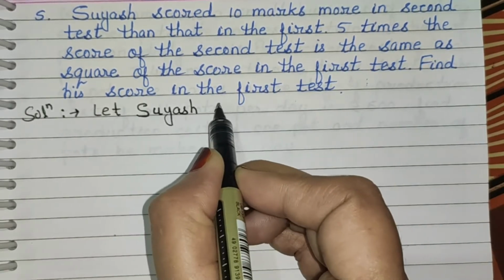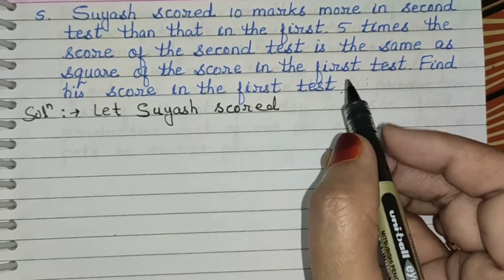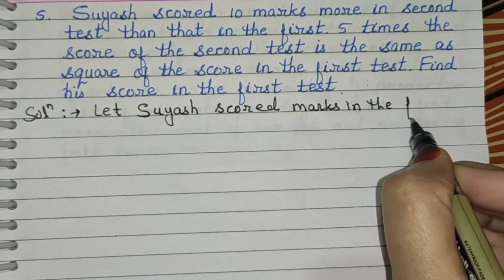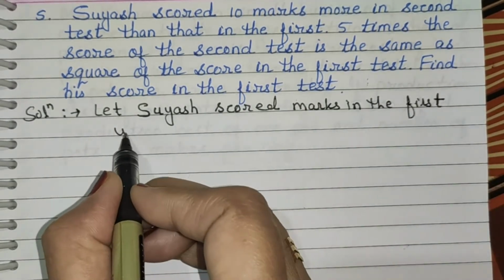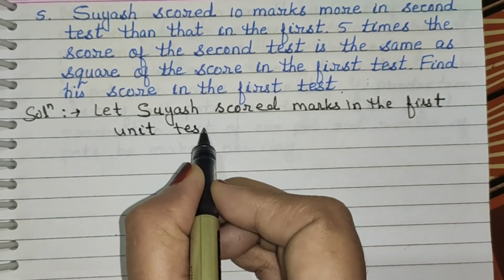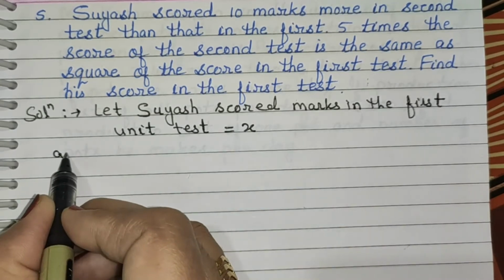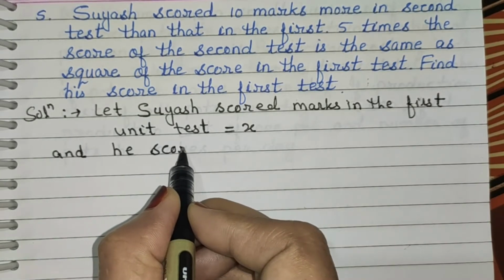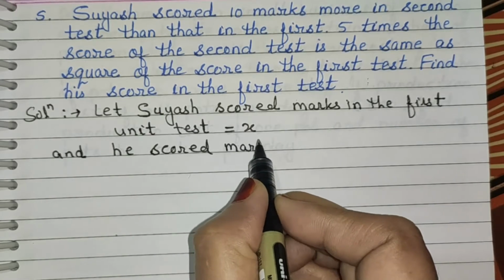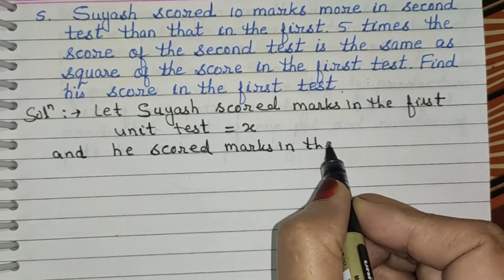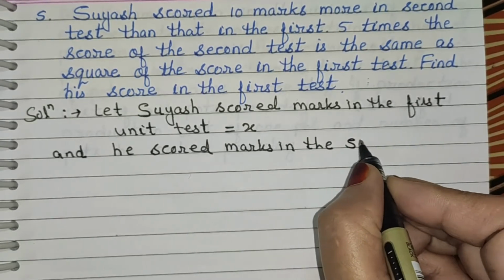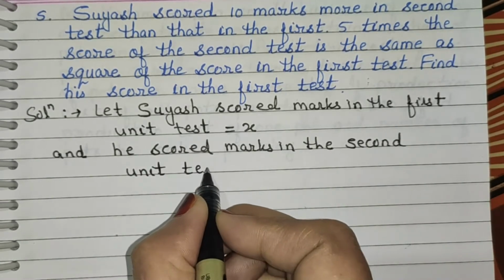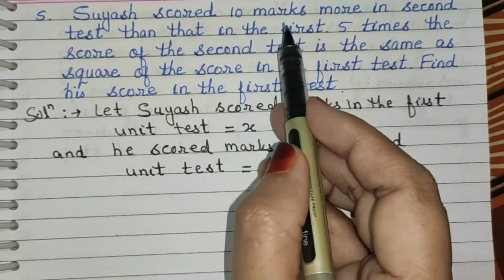Suyash scored marks in the first unit test is equal to x, and he scored marks in the second unit test is equal to 10 marks more.